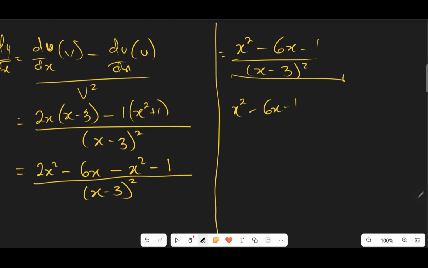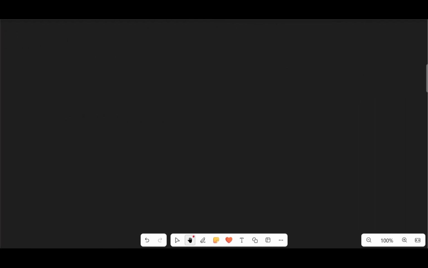So I think we'll leave our answer like this. But in the case where it can be simplified, we will go straight to simplify the numerator and mount it on the denominator. Then we get our answer. Now let's move to chain rule.